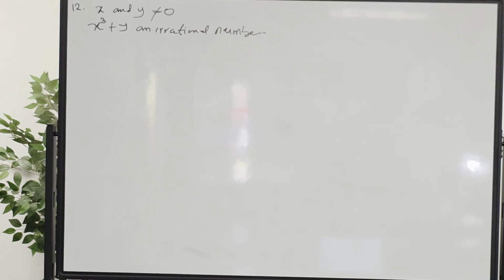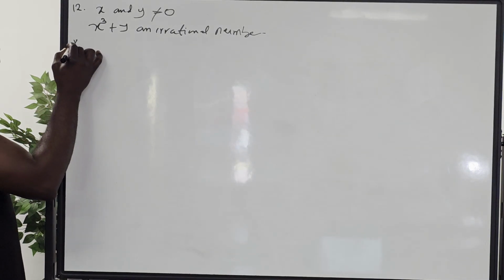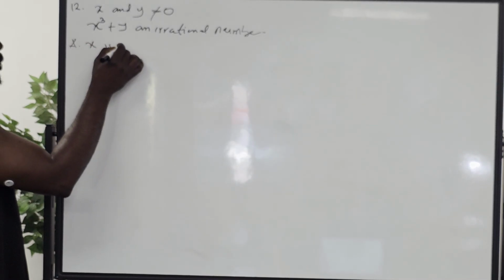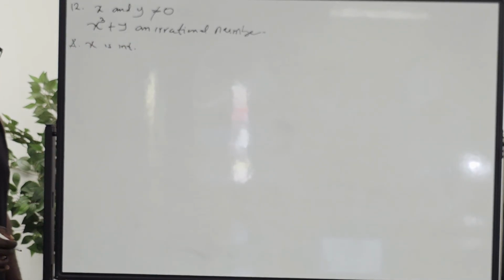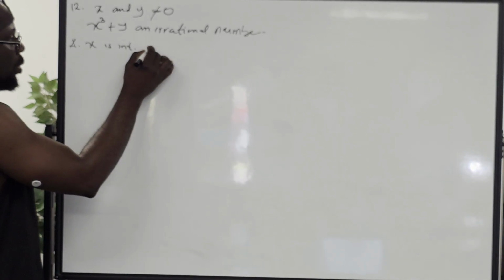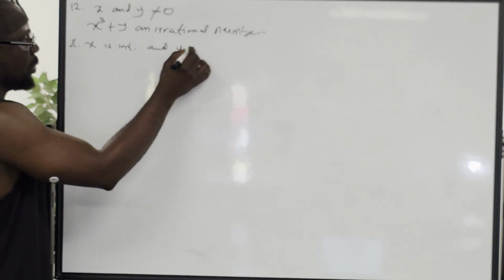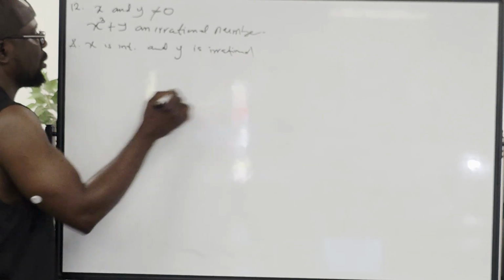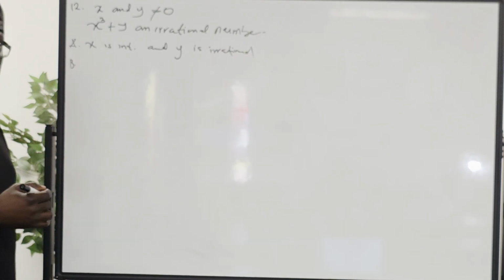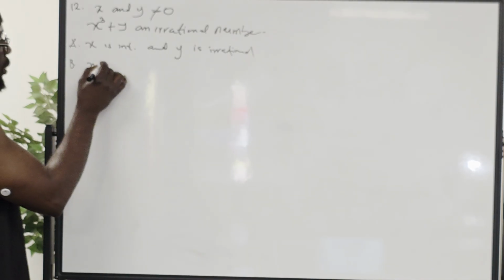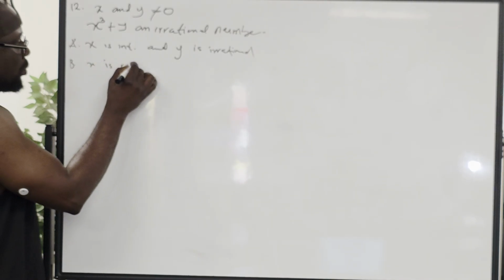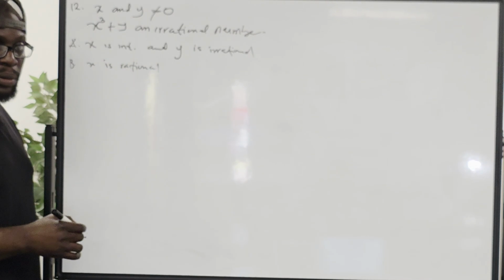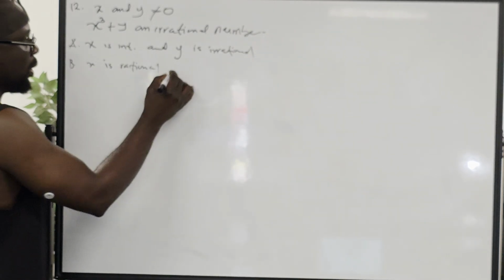The options are: option A, x is an integer and y is irrational. Option B says that x is rational and y is an integer.